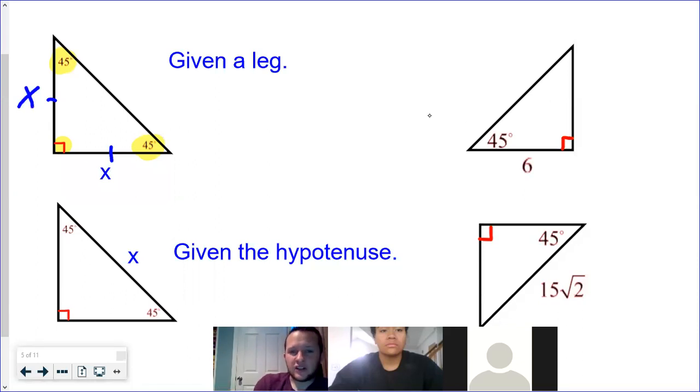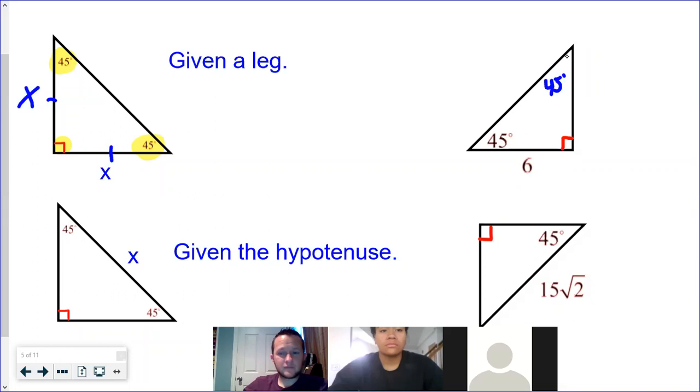So let's come over here to the right. Here I've got a 45 and a 90, and I know that this angle here is also going to be 45. The reason I know that is because all the angles in a triangle add up to a magic number. Does anyone know what the sum of all the angle measures is? 180.